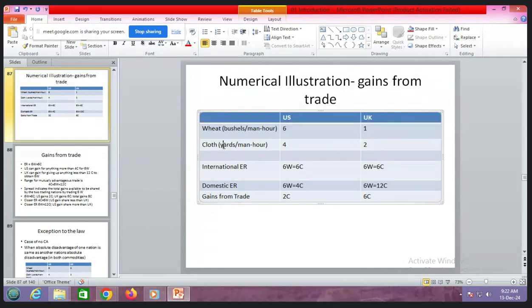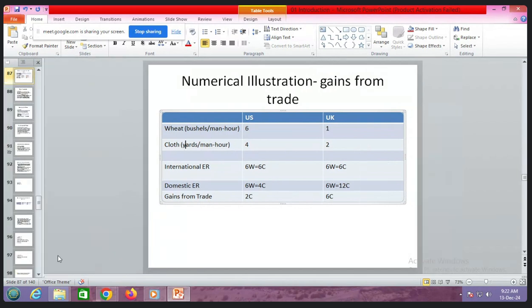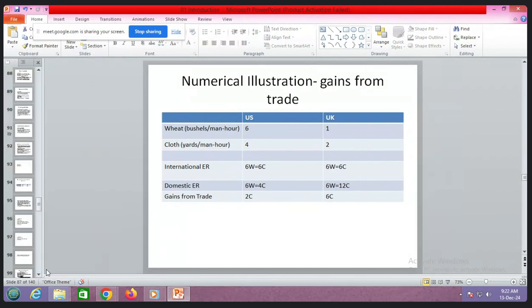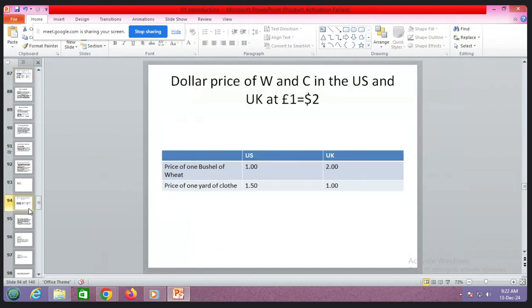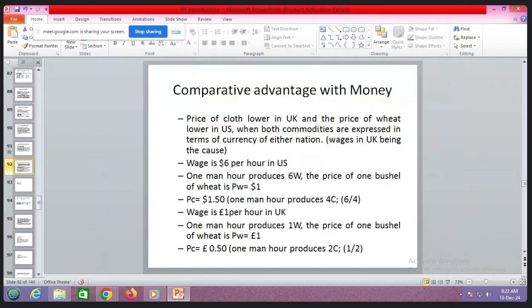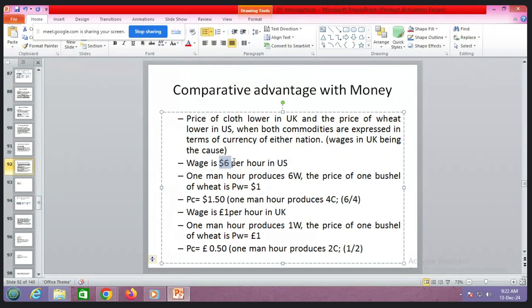So now when we look at the wages here, what did we see? In US the wage is how much? The wage is 6 per hour, and in UK how much is the wage? It is 1 per hour.